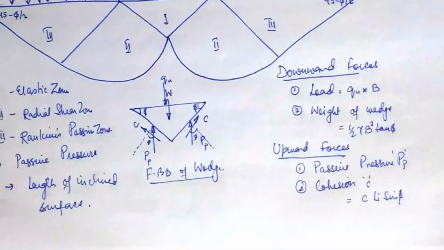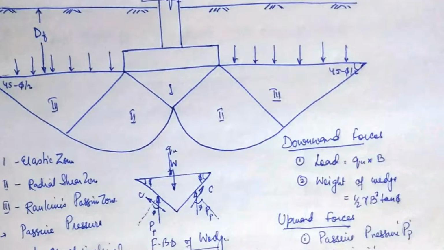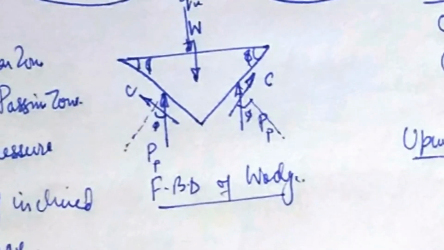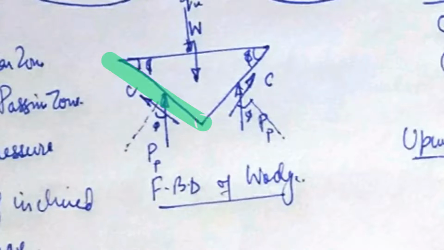Now for our analysis, I have drawn the free body diagram of this wedge, and let's see what different forces may be acting on this wedge. The first is qu, the surcharge load, then W, the weight of your footing, and on the inclined surface a passive pressure will be occurring here.